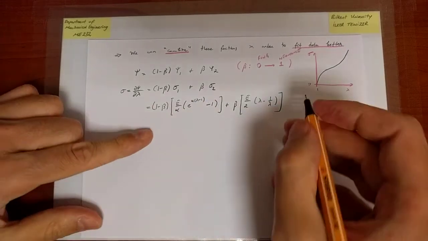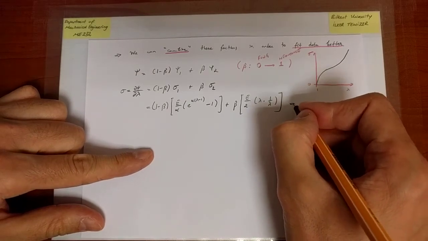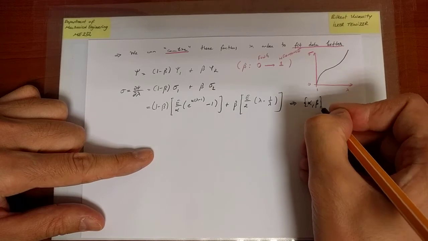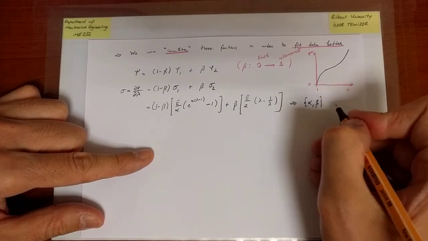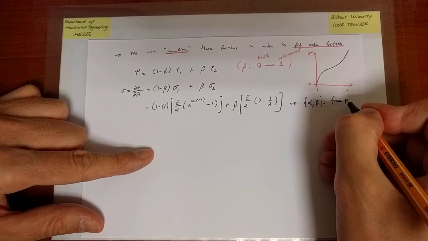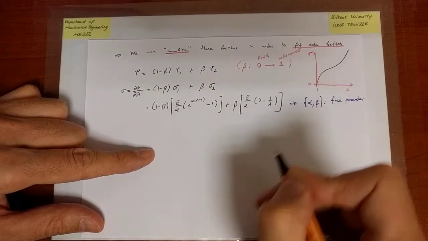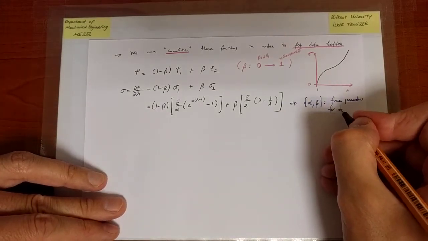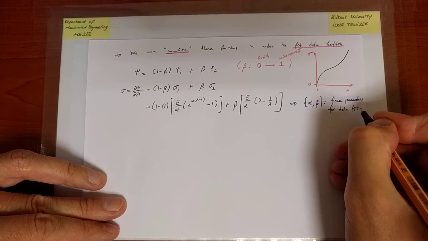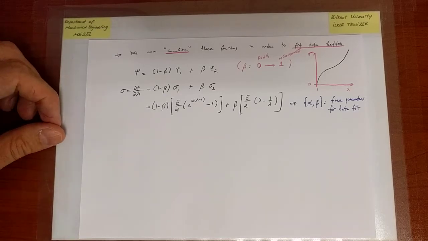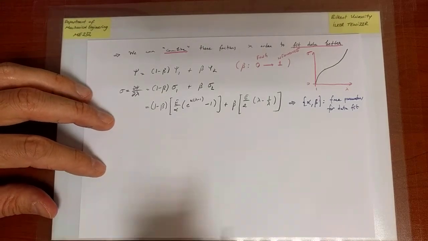So I'm combining the strengths of the two models, and I end up having reasonable tension and compression behavior, and moreover, I now have two free parameters in addition to the Young's modulus for data fit, which is always good. It provides some flexibility when I'm trying to reproduce experimentally observed behavior. Okay, good.